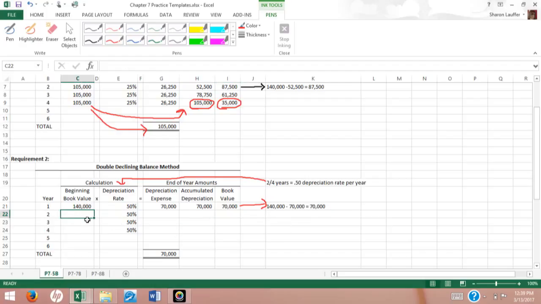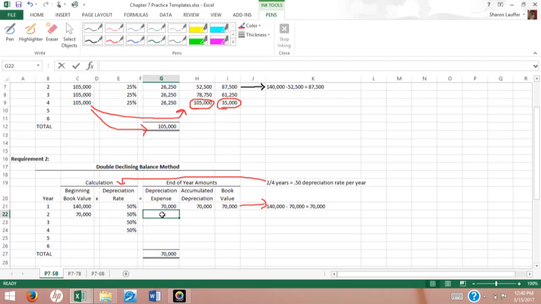So then I'm going to start in year two, and this one gets a little bit tricky because we had a beginning book value of $140,000. We took some depreciation, so our ending book value at the end of year one is $70,000. So if it's the ending value at the end of year one, then it's the beginning value at the beginning of year two. So I'm just going to bring this book value down over here. I'm going to calculate across.